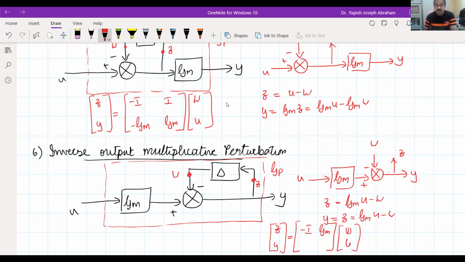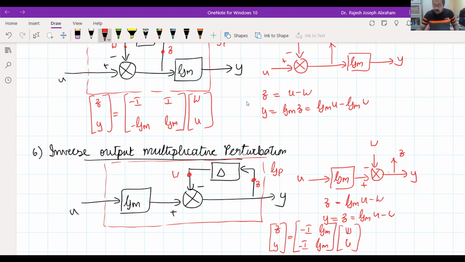Why minus I? Because it's a MIMO system. Then corresponding to W, we have again minus I, and corresponding to U, we have plus G. So in this way, we have represented the different kinds of unstructured uncertainties that can appear in a plant. It may be additive, it may be multiplicative form, basically.